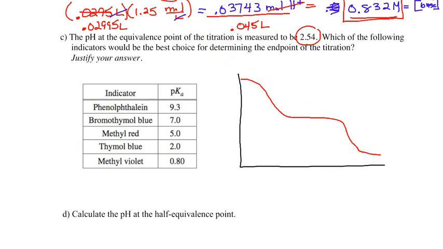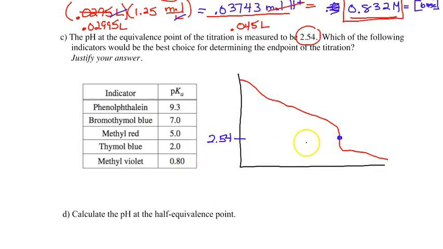I probably should do that one more time. I'm coming down, I would flatten out a little bit and then somewhere crash down and then come down to an end. And there would be my equivalence point, which is 2.54.